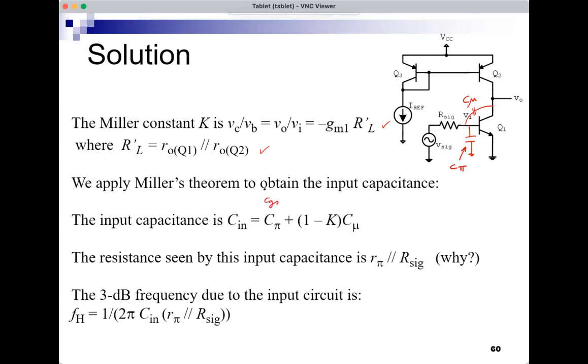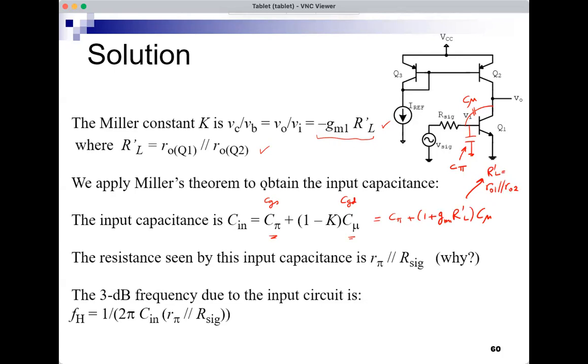This was CGS, and this was CGD. In the BJT case, they're called C pi and C mu. And K is minus gm R prime L. So this is now C pi plus 1 plus gm1 for Q1, R prime L, times C mu, and R prime L is RO1 parallel RO2, same as the MOSFET case.